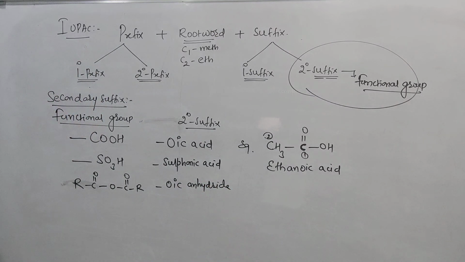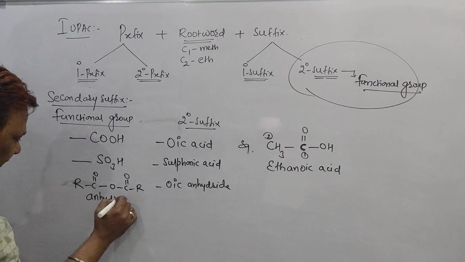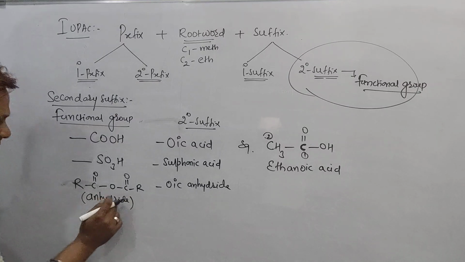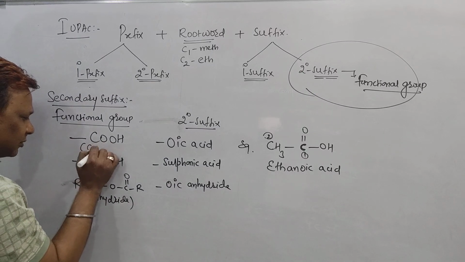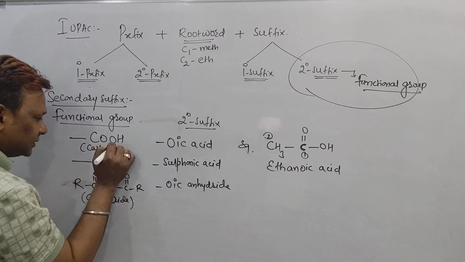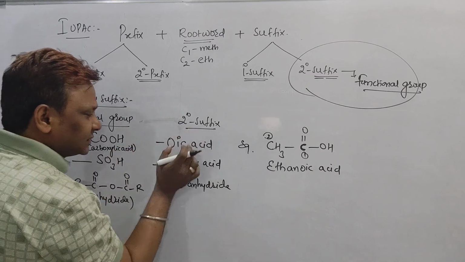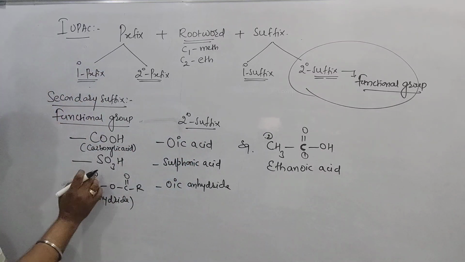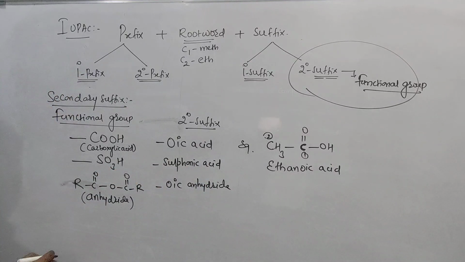Oic anhydride. Third one, beta, ester. If an anhydride is there, you should use the secondary suffix oic anhydride. COOH, what is that called, beta? This is called a carboxylic acid. If a carboxylic acid is there, the secondary suffix should be OIC acid. Beta, SO3H is called a sulfonic acid, you should use sulfonic acid.